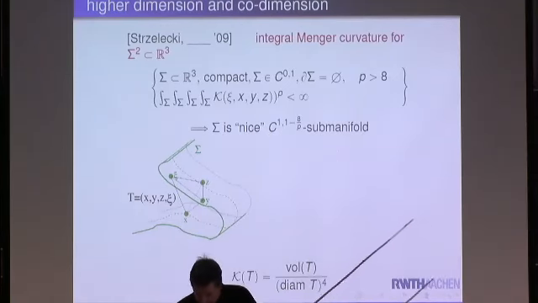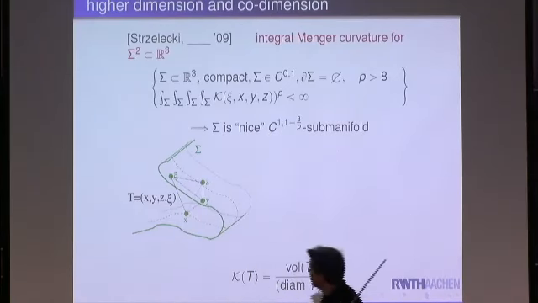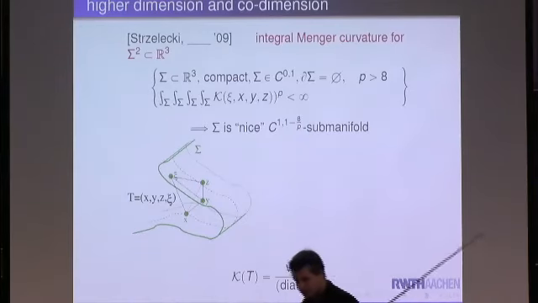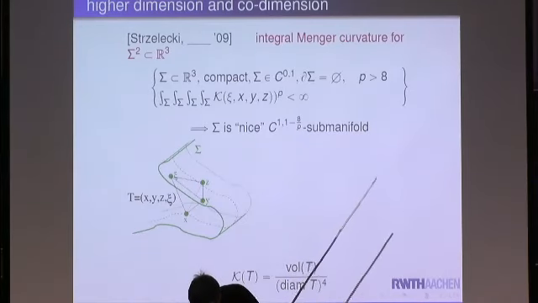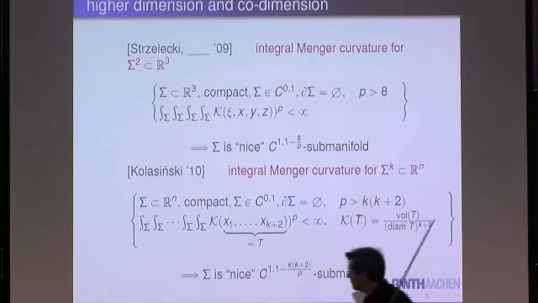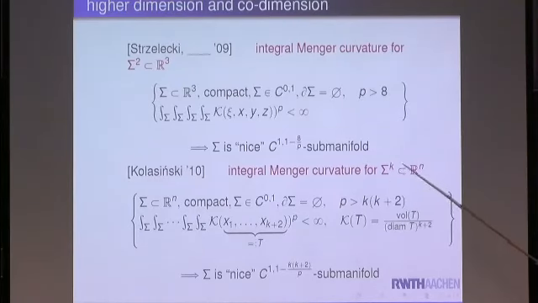And then we later on generalized this to arbitrary dimension and codimension, taking first the tangent point radius. And Slawomir Kolasinski, who at that time was a PhD student of Pawel, then looked at the integral Menger curvature for arbitrary k-dimensional sets with a certain degree of connectivity. So say Lipschitz manifolds is certainly good enough.